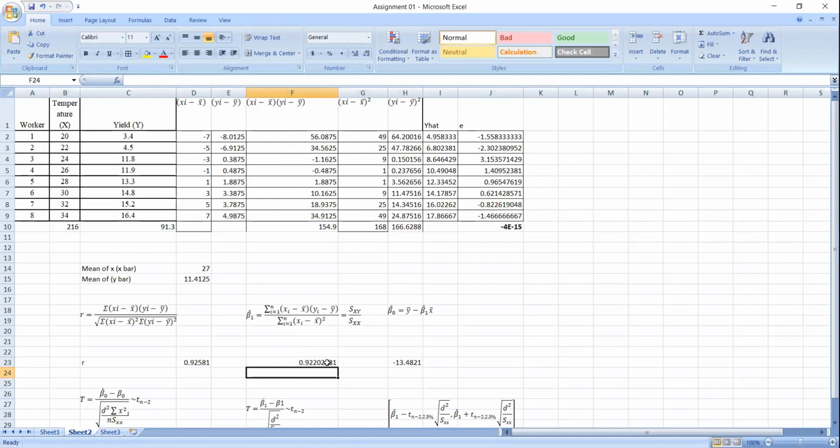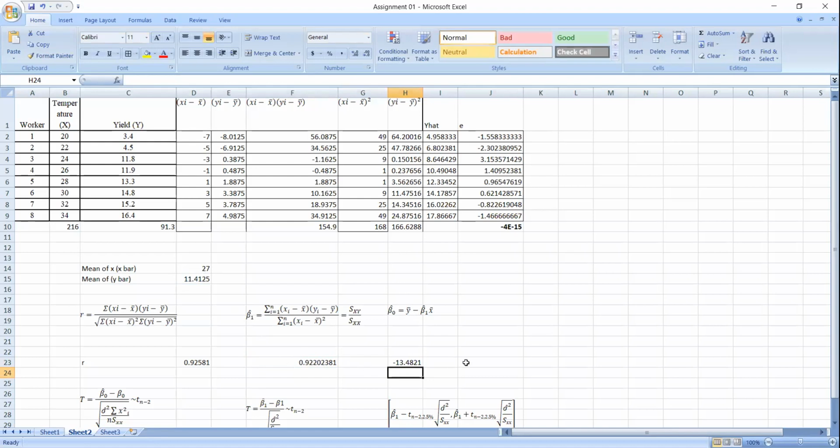This is your slope. Then to calculate the beta naught value, if you look at the equation, you have y bar. The y bar value is 11.4125, minus beta 1 hat multiplied by x bar. X bar is 27. So when you substitute, you get beta naught.